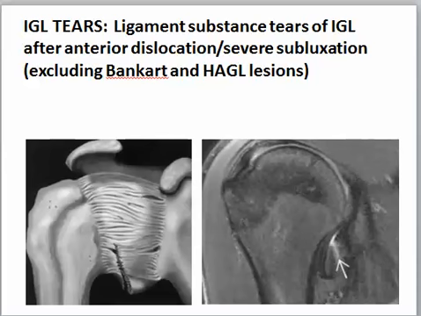This is not Bankart and not HAGL. This is just a tear of the inferior glenohumeral ligament. To differentiate this from the previous one, the HAGL or humeral avulsion, it is at this region, while the inferior glenohumeral ligament tear is in the mid substance. One at the attachment and one at the mid substance.